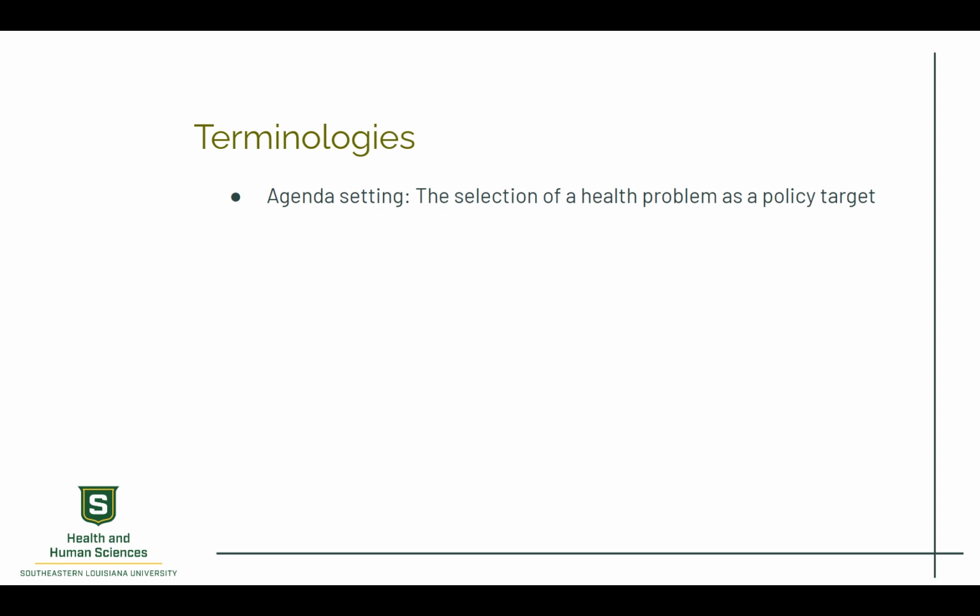When we talk about agenda setting, we are basically talking about how health problems are selected as the policy target, because there are a lot of things to address usually, and everything can't be addressed all at once, or even at all. So there's a process by which the health problem that is going to be addressed is selected. That is where agenda setting comes into it.